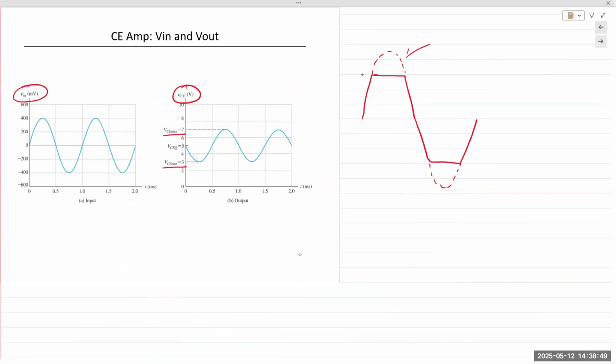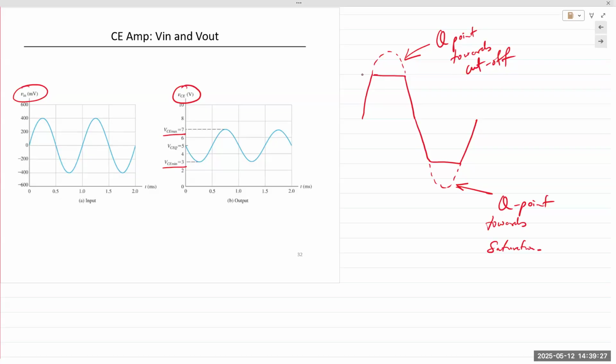So this positive clipping would be a result of the Q point towards the cutoff region, and the negative clipping would be a result of the Q point bias towards the saturation region. So at least one peak or one half peak would be cut or clipped off. Now, that's distortion, that's clipping, right?